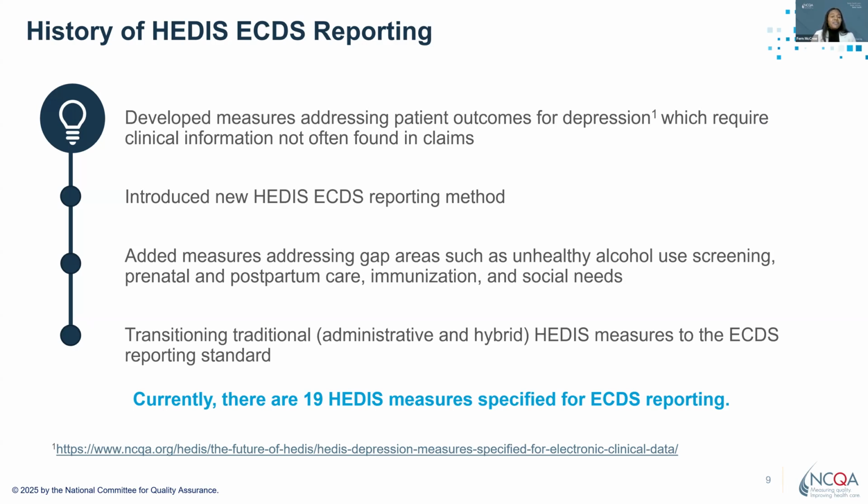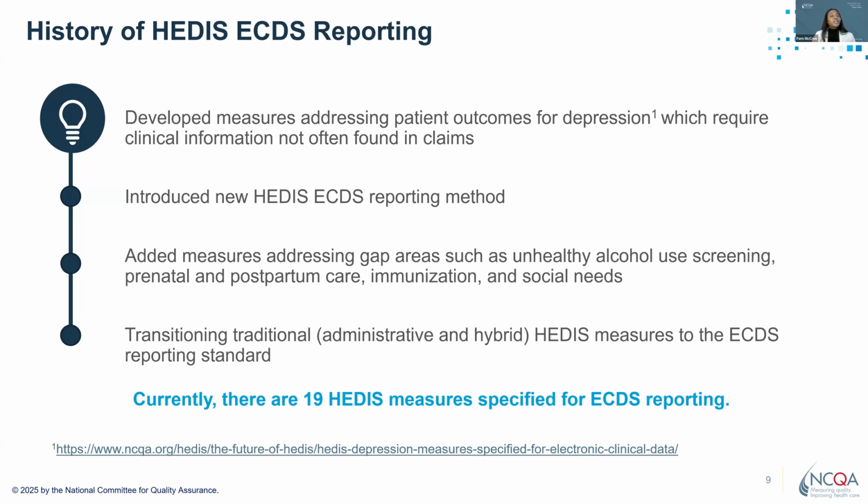And most recently, we've started to transition existing traditional measures. So traditional is referring to the administrative and the hybrid reporting methods, transitioning those measures over to the ECDS framework.